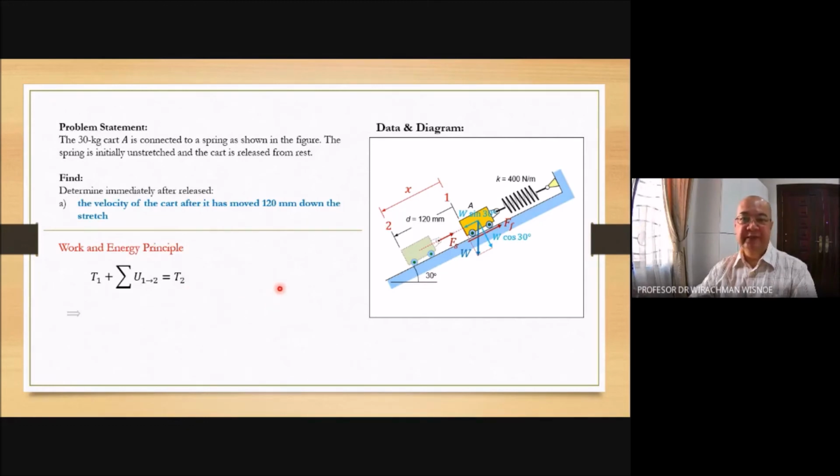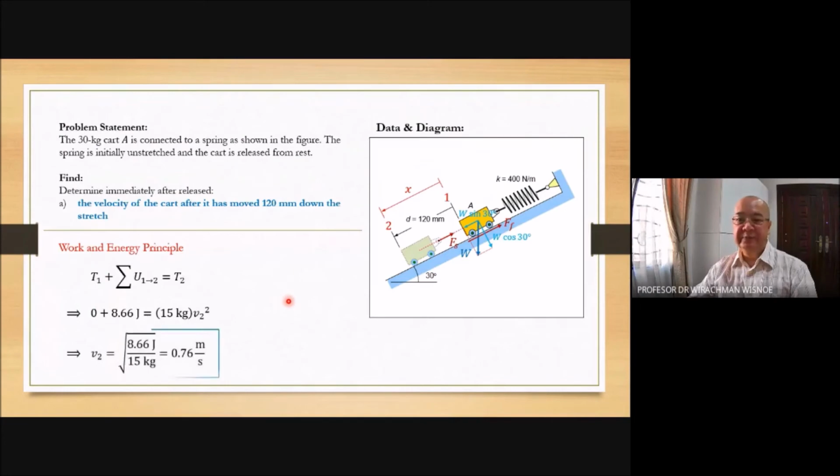T1, you know, is 0. Sum of all works, you have 8.66 joule. And then T2 we didn't know. It is dependent on the velocity v2. Having this equation, you can solve v2, which is 0.76 meter per second.